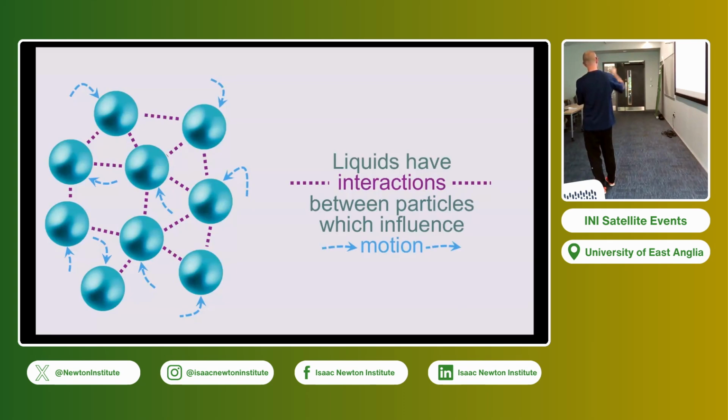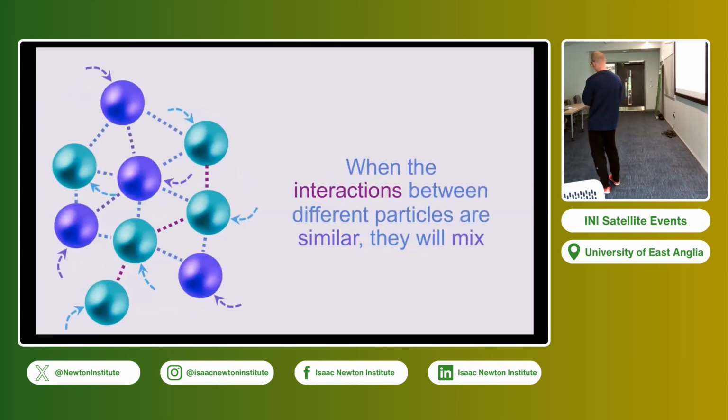And this influences both motion and the physical properties of the liquid. And if you mix two liquids, most of these interactions are about the same-ish. So they will just mix, again, inky water, or milk in tea. Liquids will mix and you'll end up with a fairly uniform, homogeneous distribution.